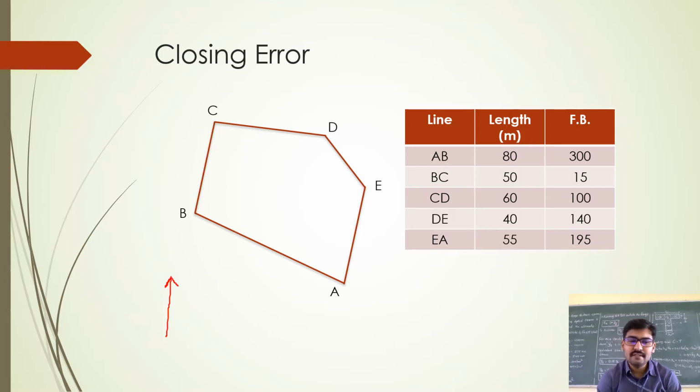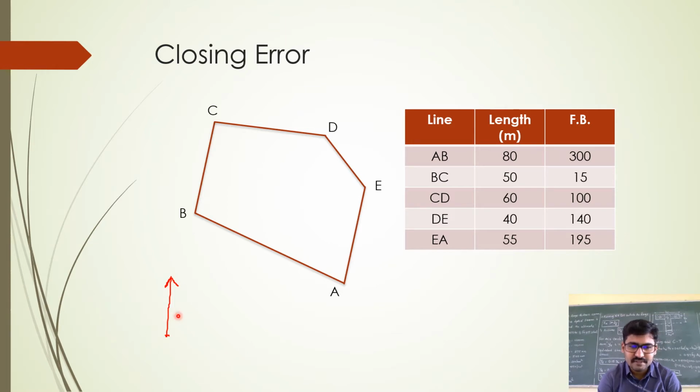Then assume that this itself is point A, right? I hope you are able to see this. So this is point A. Now point A is this, and you have kept the compass. Assume that you have kept the compass here, and this is the north direction, upward. AB has a bearing of 300 degrees, so from north, measured in the clockwise direction, right?